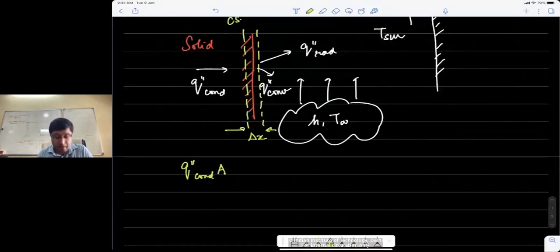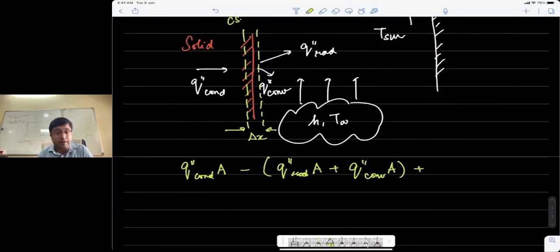What is going out would be minus q double dash radiation times A, plus q double dash convection times A. Because remember, this is a flux. Flux times area will basically be the rate of heat transfer, or the rate of energy transfer.